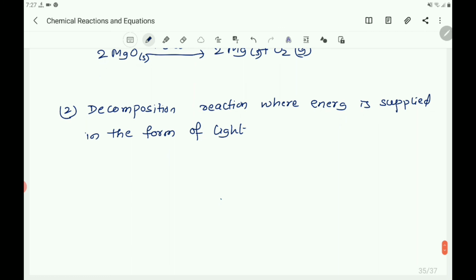You can write silver bromide or silver chloride, under the presence of sunlight turns grey, that is turns to silver. Silver bromide or silver chloride, you write.